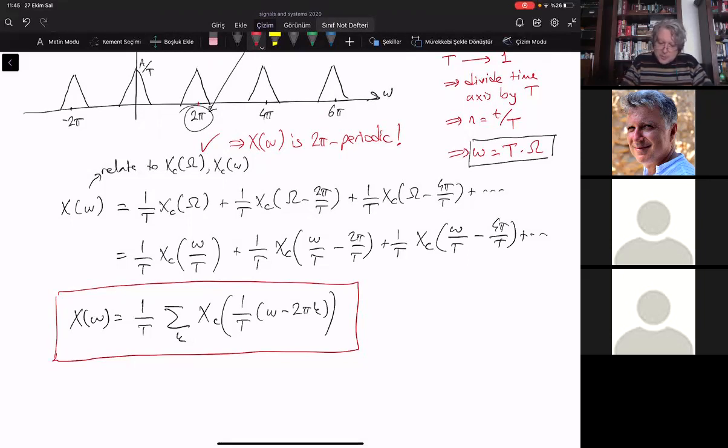Now, if I use a different capital T and a different signal, clearly it could give me the same x of omega at the left-hand side of the equation.